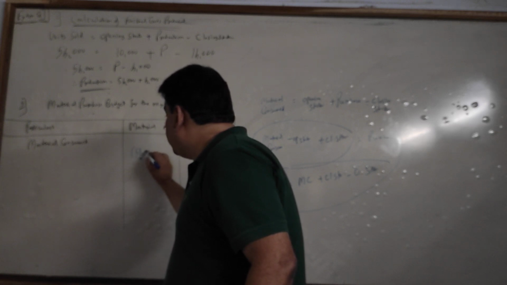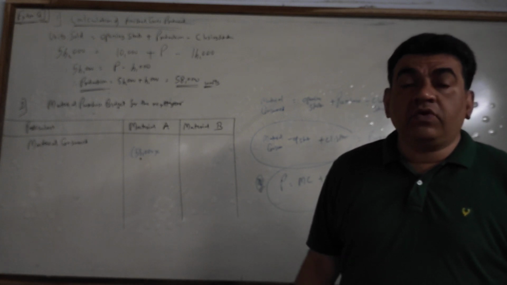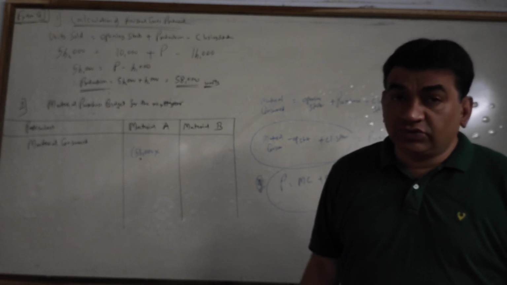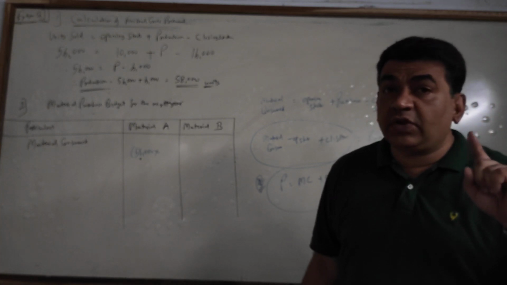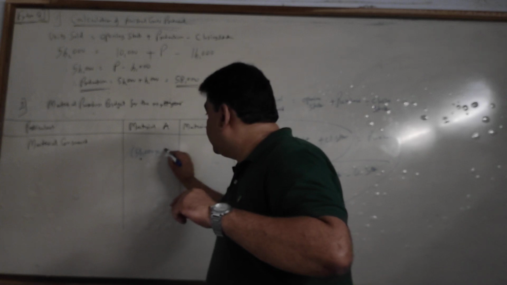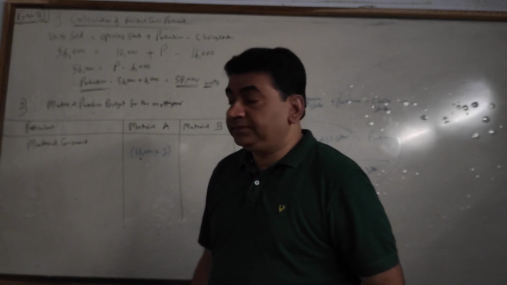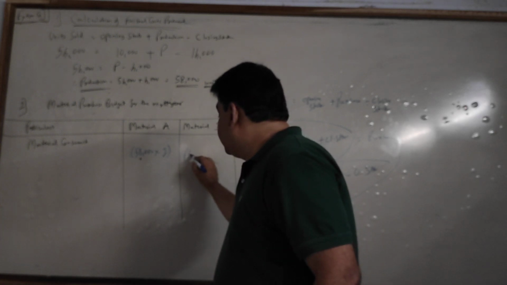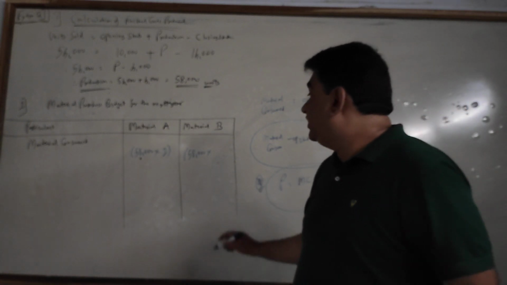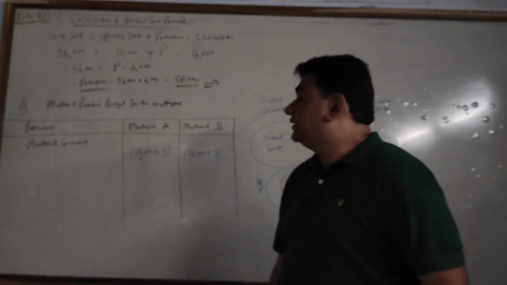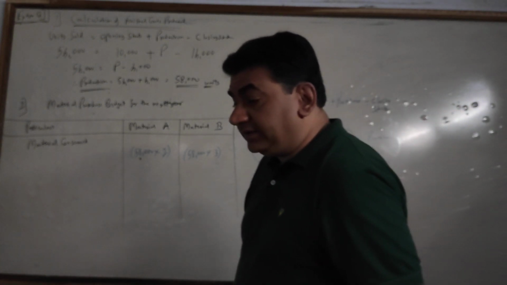What is the finished goods I am going to manufacture? 58,000 units. Each unit requires how much of material A? So my A usage will be 58 into 2. For B, finished goods will be the same 58,000, but each unit requires 3. So 58,000 into 3. Got it?